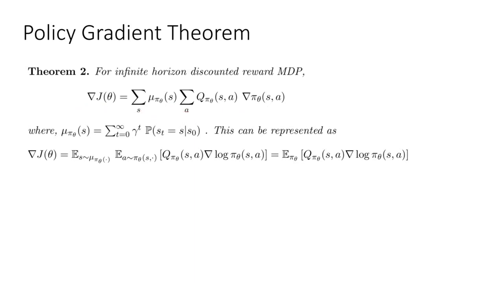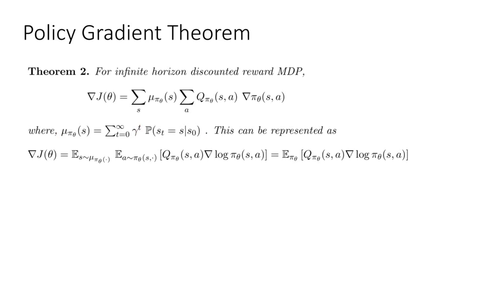What is mu pi theta of S? Suppose you don't have the discount factor here, then it's essentially the probability that you are visiting the state S at time 1, time 2, time 3, and if you sum all the probabilities, it is essentially the probability that you are visiting the state S. You add the discount factor because you are discounting the future states.